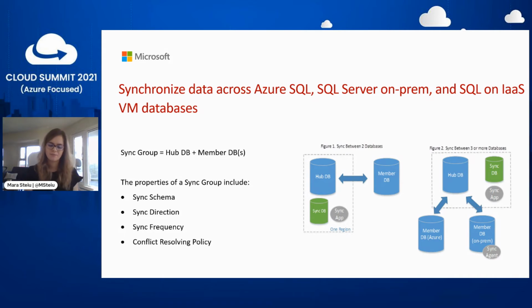However, it's worth noticing that there is a latency for all these sync changes. Even though you set up the frequency, it is not the same as latency. The frequency is how often do I want my sync to be triggered. And lastly, I have a conflict resolving policy. So here are two options in sync, either member wins or hub wins, as you have data conflict changes.